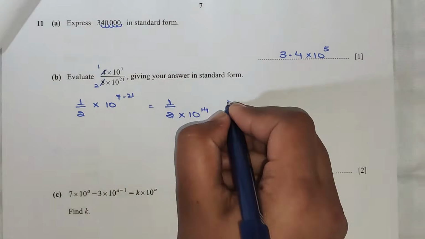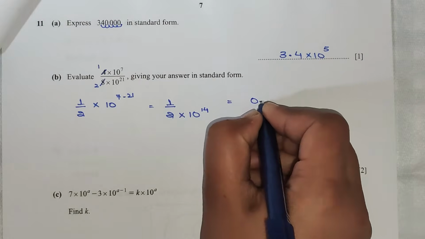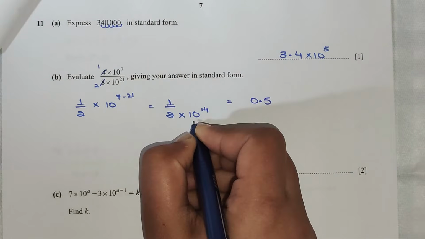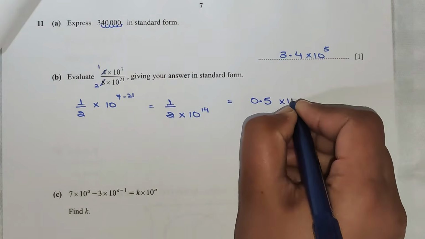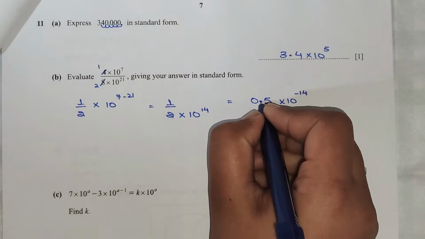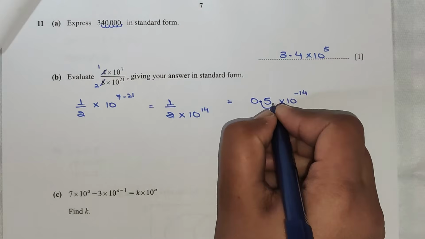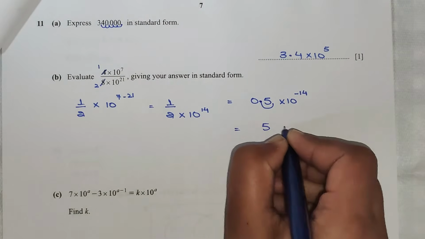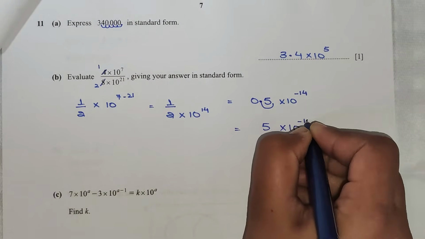Okay, so what is 1 by 2? 1 by 2 is 0.5, and if I shift it to the numerator, it would be 10 exponent negative 14. Okay, shift this decimal point to the right, it would be 5 times 10 exponent negative 15.